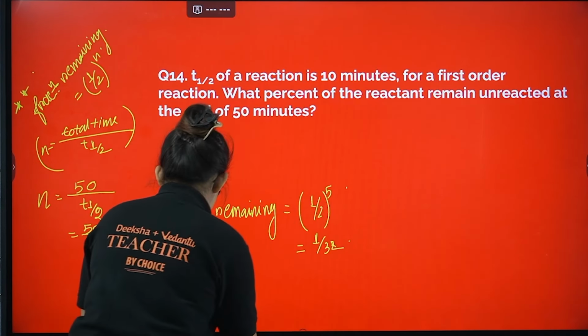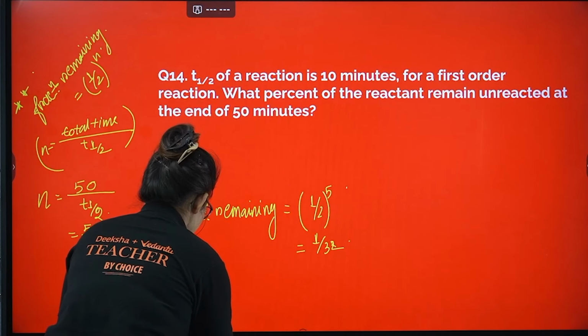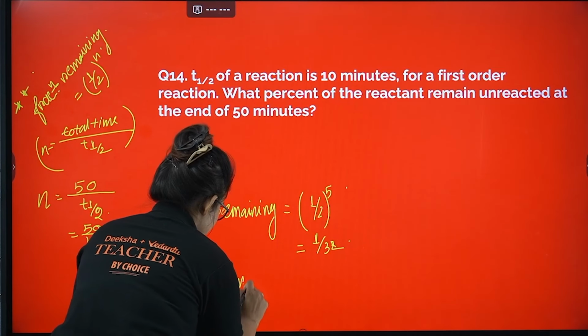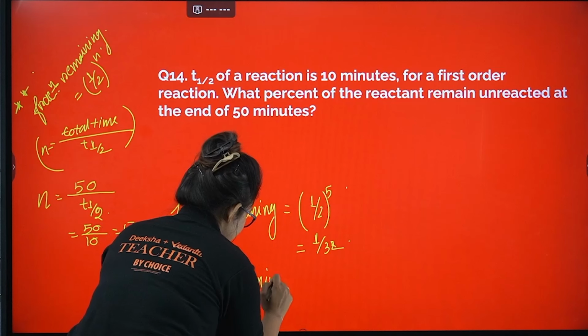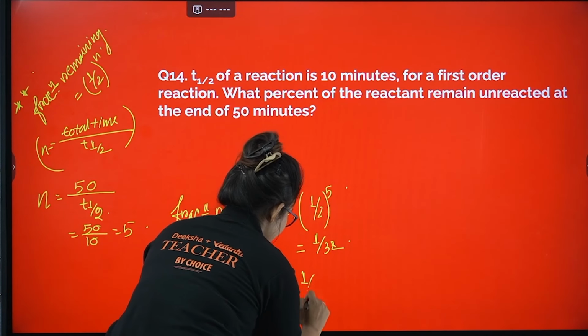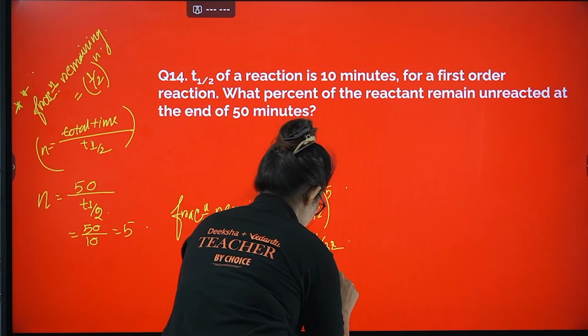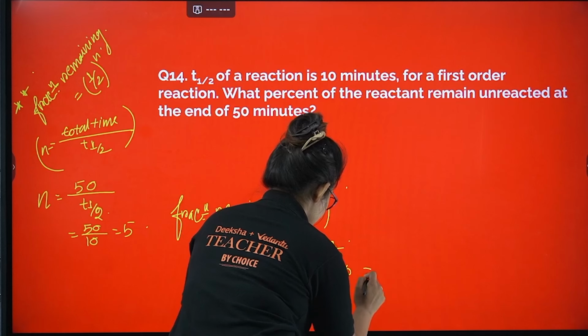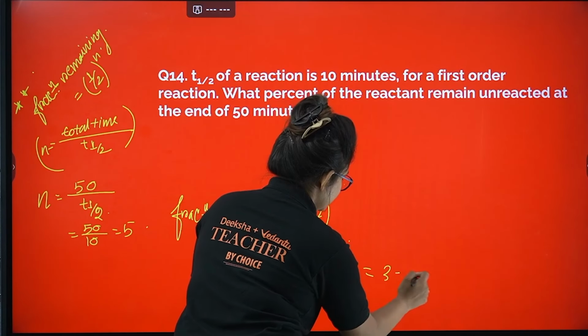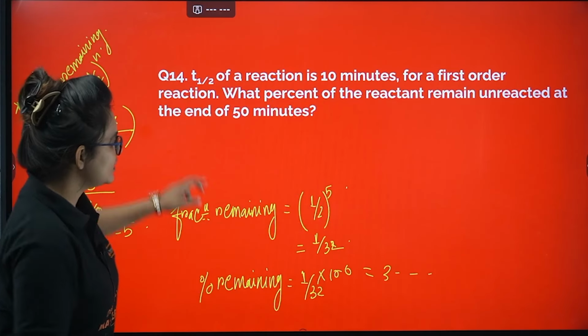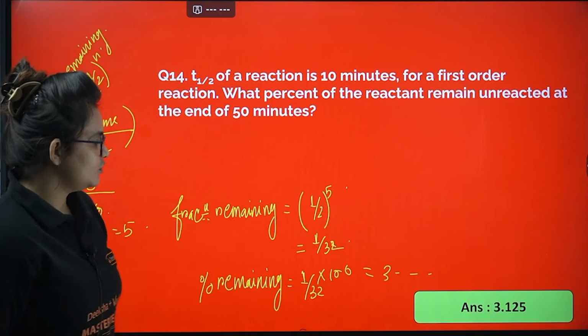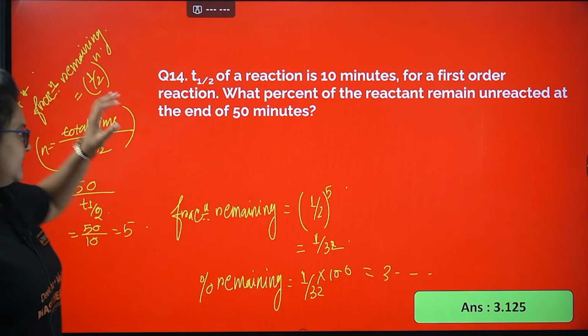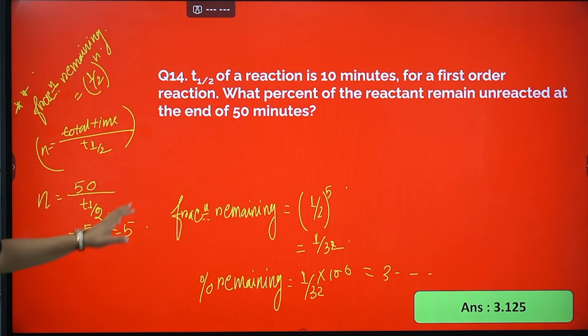So if you want to find the percentage remaining, then 1 by 32 into 100. Okay, so 3 point something you will get. Yes, 3.125. I guess this is clear. Remember this formula, you can go ahead easily.